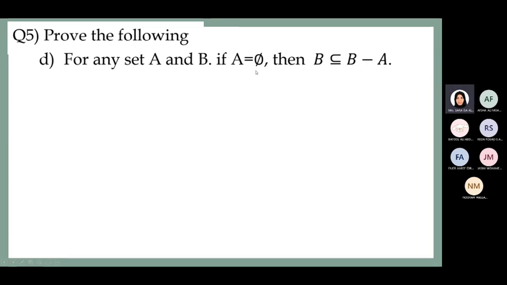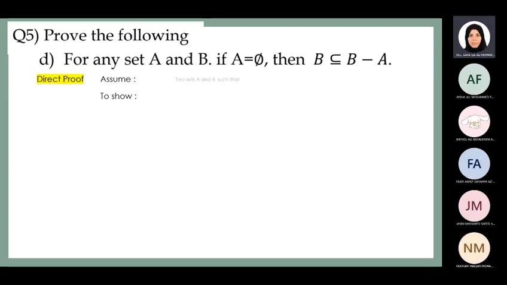When I have in the premise A equal to phi, the most proper method is direct. When the set is equal to phi, or whatever equal to phi, is in the premise side, I will choose a direct proof.